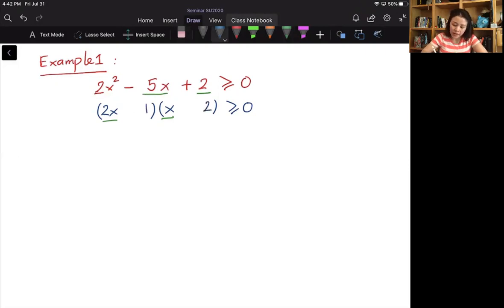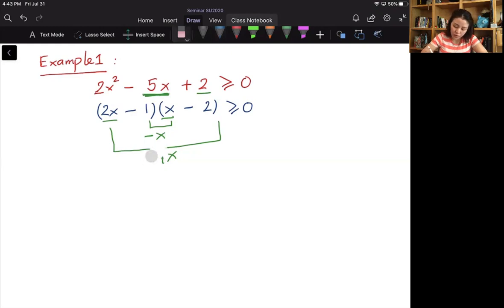I see the inner product is x and the outer product is 4x, but I need negative 5x. So this must be a negative and this must be a negative. You can always check by multiplying it back to see if it equals the original expression.